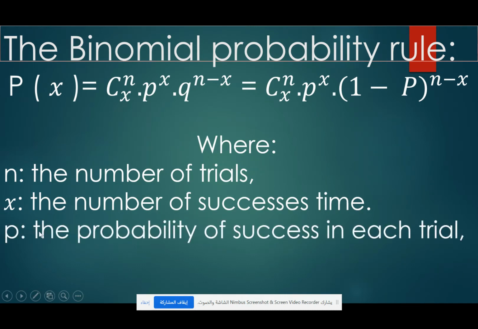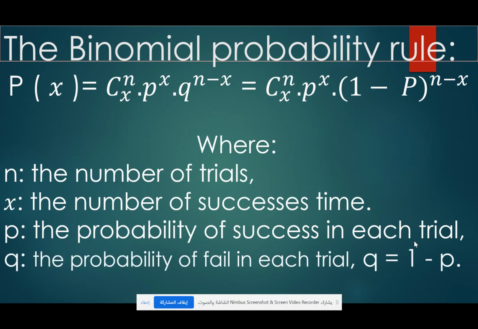And what do I mean by p? It is the probability of success in each trial. That means if you want to get head, the probability of getting head is half because it is one of two outcomes. And the probability of the opposite of success, which is getting fail on each trial, can be calculated by the following rule, which is the complement of p: q equals 1 minus p.